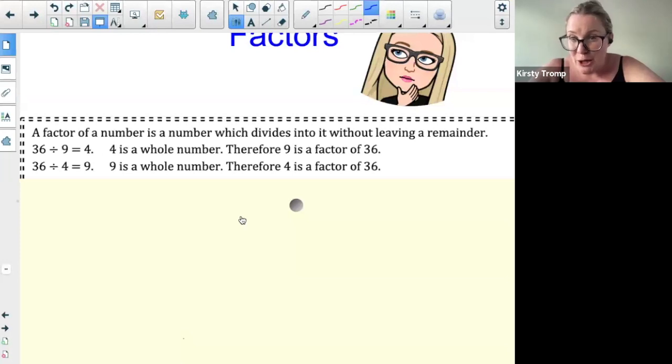So when a number divides into a number and doesn't leave any remainders, it means that number is a factor. If we take 36 and divide it by 4, what do we get? 36 divided by 4 gives me 9. So is 4 a factor of 36? Yes, it is.